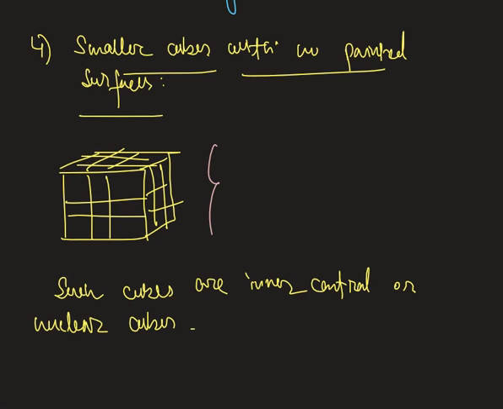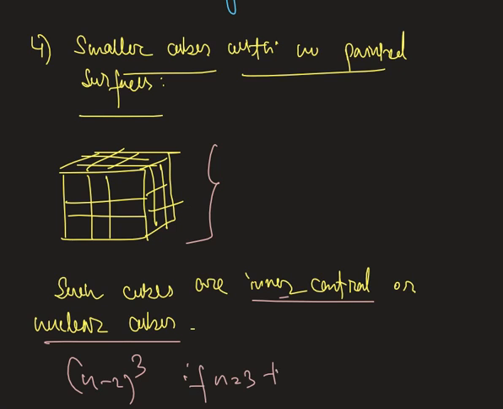We cannot draw this nuclear or inner central cube. As we know, the number of inner central cubes is equal to (n minus 2) whole cube, and if n equals 3, then it is nothing but 1.